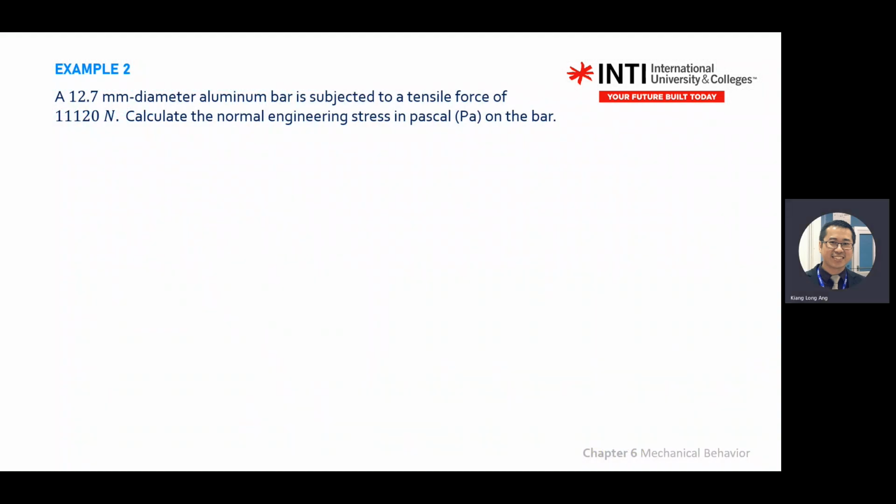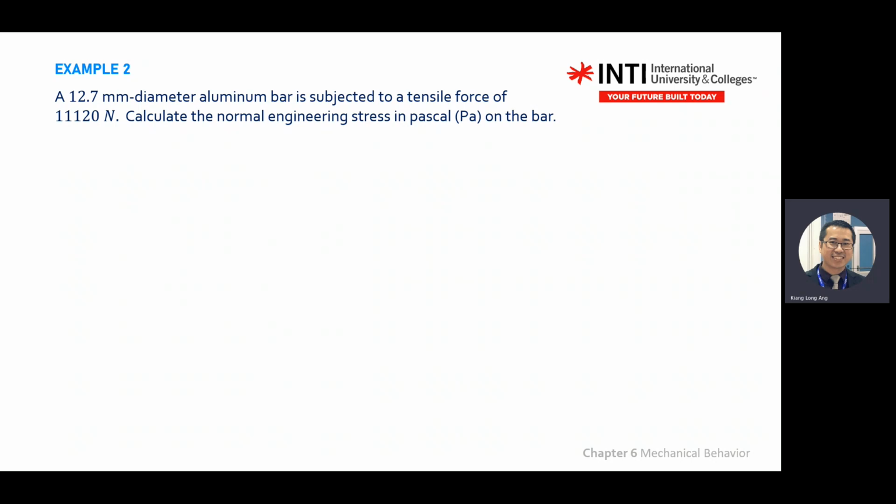So let's do a calculation for tensile or normal stress. You're given a 12.7 mm diameter aluminum bar subject to a tensile force of 11120 Newton. Calculate the normal engineering stress in Pascal on the bar, in Pascal, Pa, or Newton over meter square.